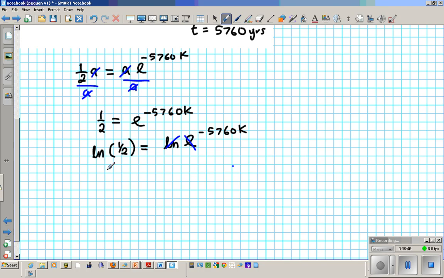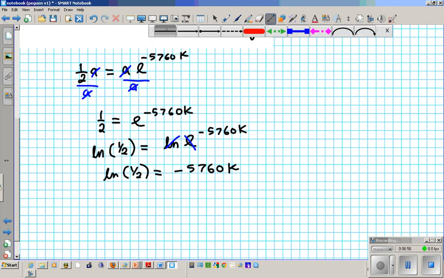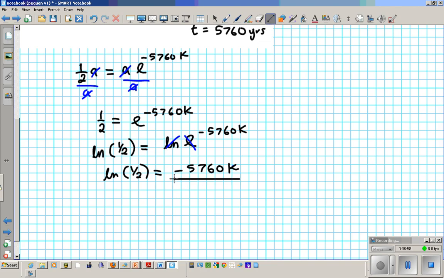So we're left with natural log of 1/2 equals negative 5,760k. Now to get the decay constant, we just simply divide both sides by the coefficient of k, which is negative 5,760. So divide both sides by negative 5,760, negative 5,760 cancels out.